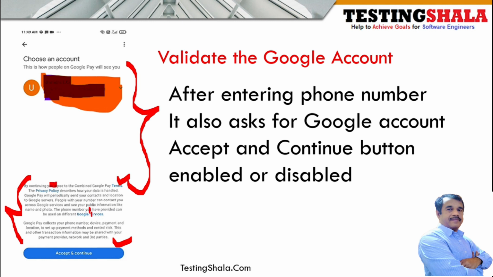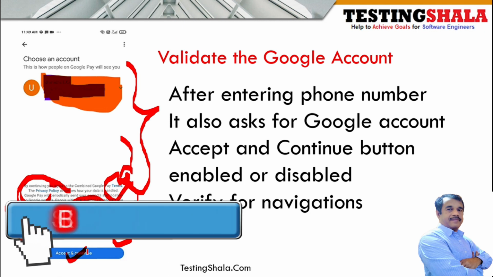Whenever we click on these links, it should take us to the appropriate pages where it gives complete policy details and other information. Once I read that policy, if I close it, then it should come back to the original page here. After reading all these things, if I click on accept and continue, then it should take us to the next pages. That also we should validate.